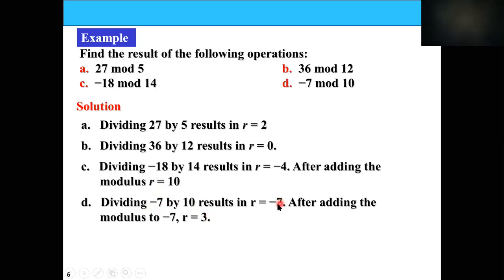If this is negative, there is no negative number in modulo 10, because whenever I say mod 10, it means Z10. In Z10 the modular classes start from 0 to 9, so you have to add plus 10 to minus 7. If you add it, then you will get remainder 3.